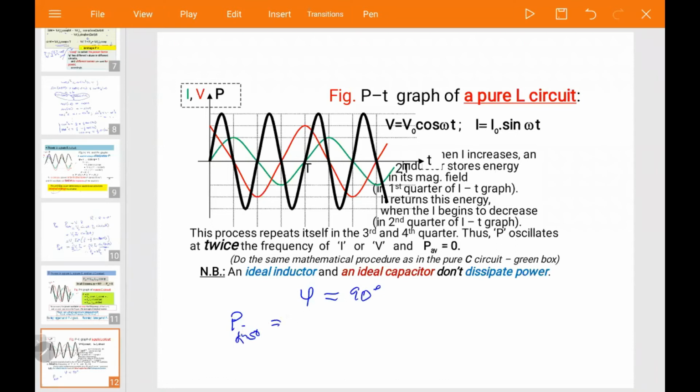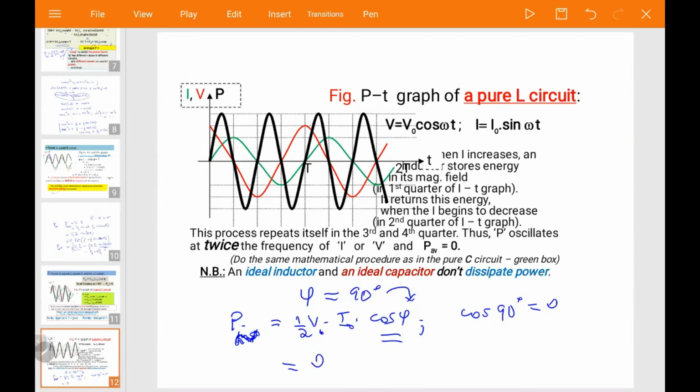The general formula, P average is equal to a half of V0 I0 times cos phi. That's the average power, over one cycle. You have here cos phi, and phi is equal to 90 degrees. You all know, I'm 100% sure, that cos 90 degrees is equal to 0. So the average power in the case of a pure L circuit is equal to 0 over one cycle.